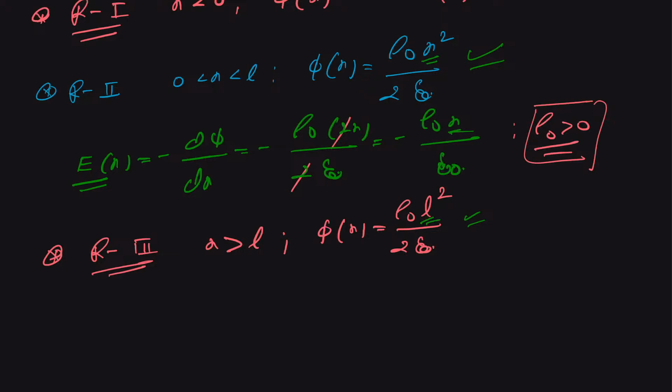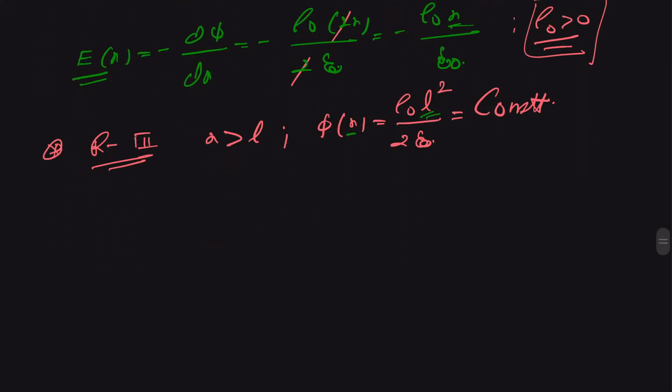Therefore we can say that the potential for region 3 is equal to a constant, because it is independent of x. For a constant we can now find the derivative. So the electric field is equal to negative d phi upon dx.